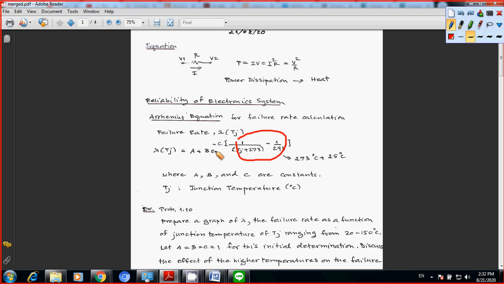That's what you expect. So that just gives you an idea of how to analyze the Arrhenius equation.